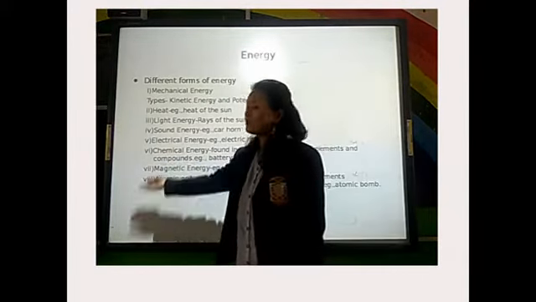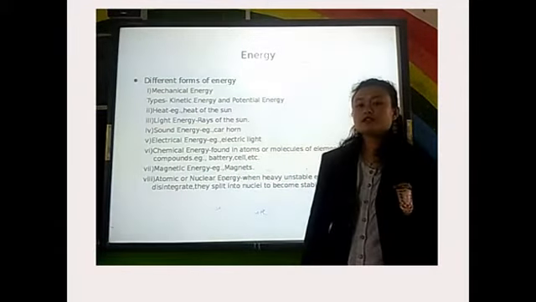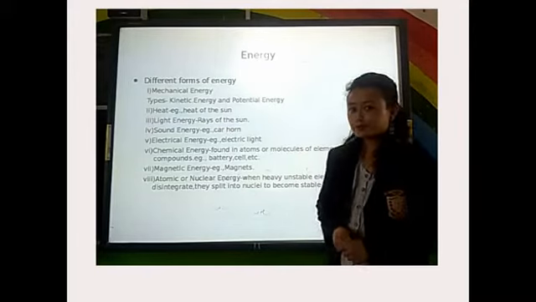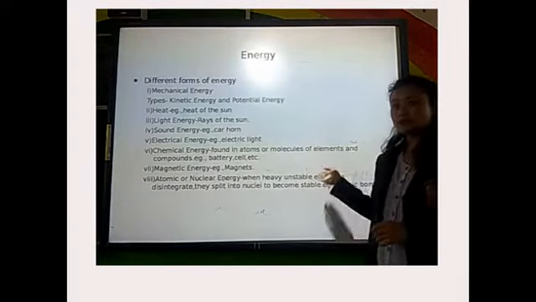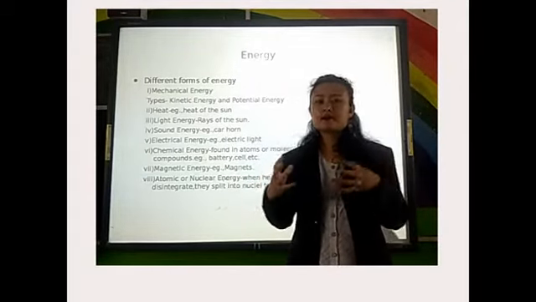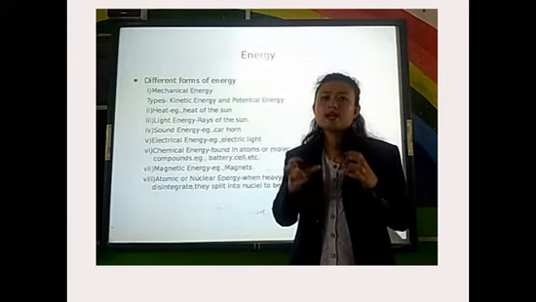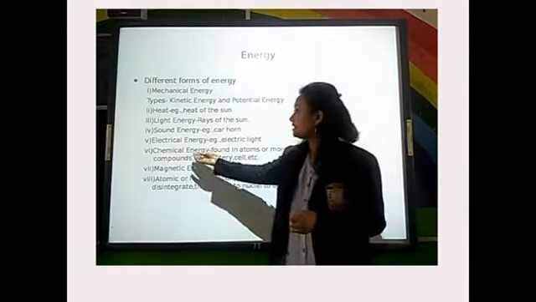The sixth form of energy is chemical energy. This chemical energy is found in atoms or molecules of elements and compounds. When two or more elements combine to form a compound, they store energy, and that energy is chemical energy.